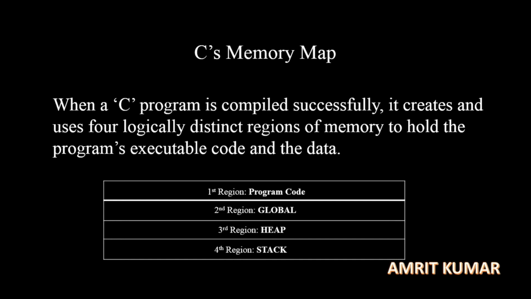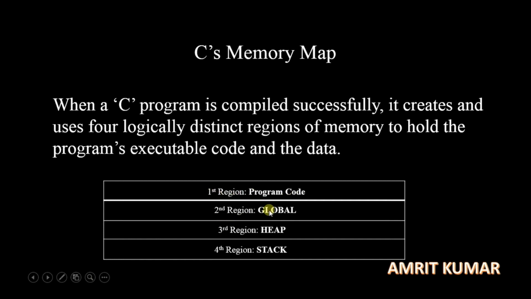So in C memory we will learn how the C language is going to store its executable code, that is, whatever code we have written in C language, how it is going to hold the program's executable code and the data. So here, the first region is called the program code.